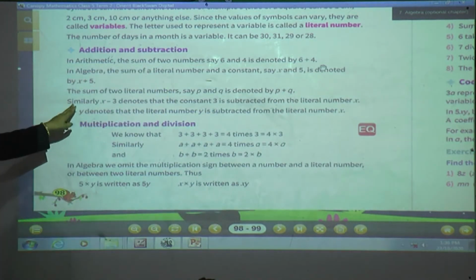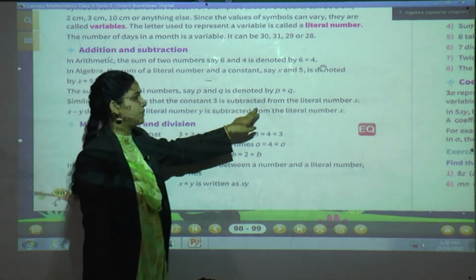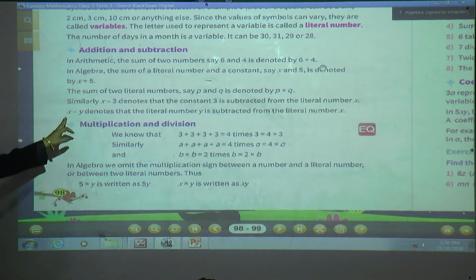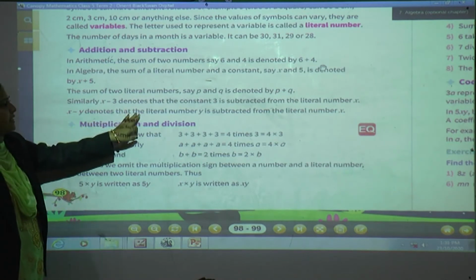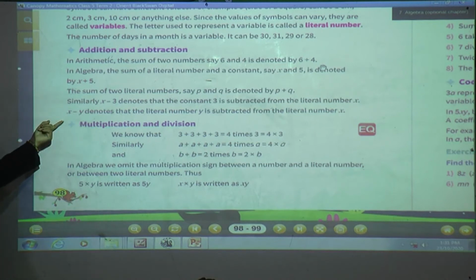Similarly, x minus 3 denotes that the constant 3 is subtracted from the literal number x. x minus y denotes that the literal number y is subtracted from the literal number x. That means instead of writing two numbers, in algebra they use numbers and also letters.